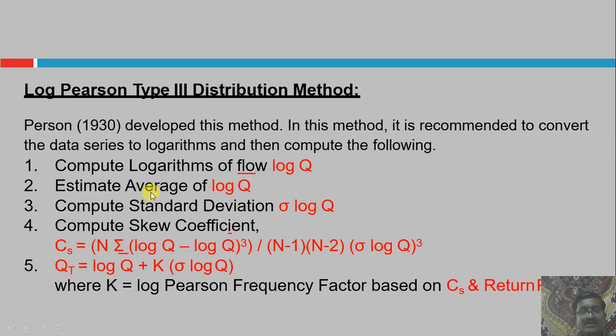Compute the standard deviation sigma log Q, and compute the skew coefficient. We'll see this formulation afterwards. By using this formulation, calculate the skew coefficient, and what the skew coefficient is, we'll see. Then Qt or Xt is calculated again using log K, where K is the log Pearson frequency factor based upon the Cs and the return period.